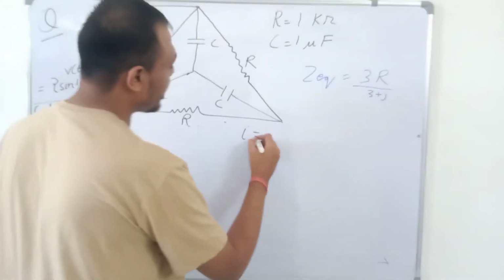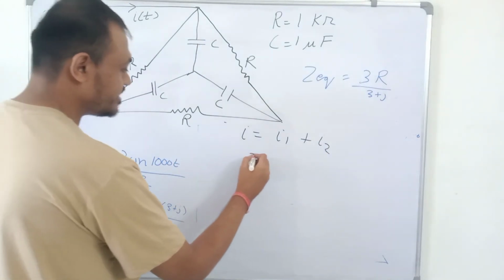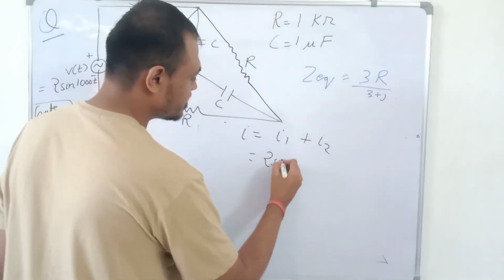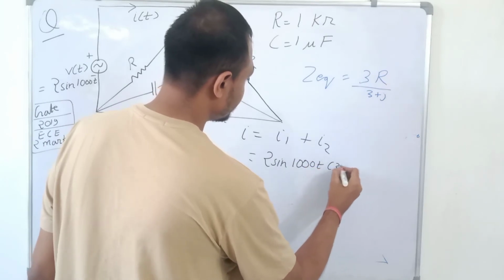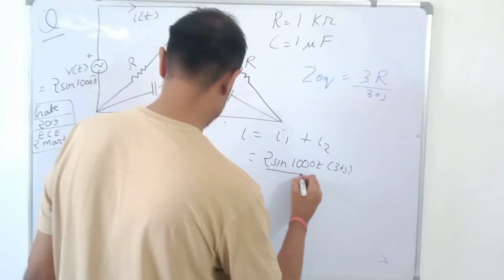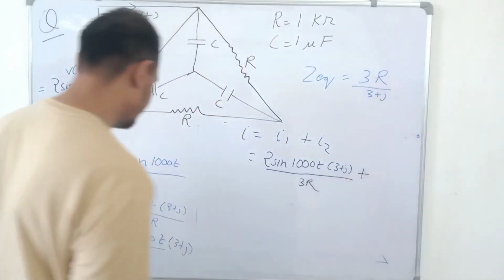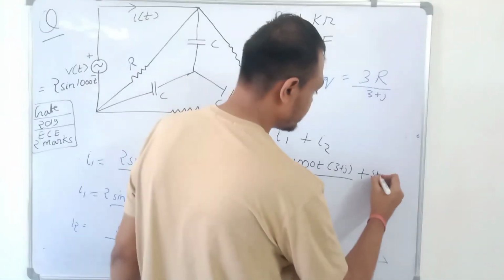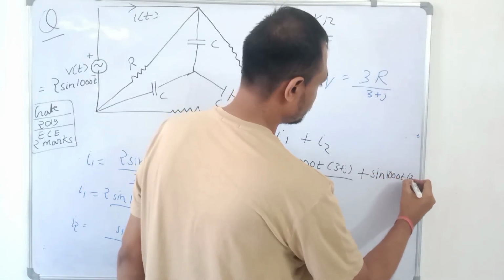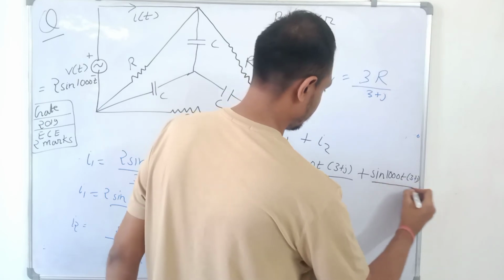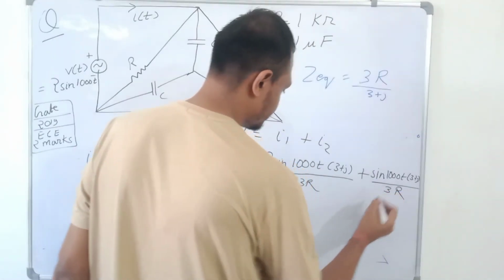The value of I1 is 2 sin 1000 t into 3 plus j upon 3R, and the value of I2 is sin 1000 t into 3 plus j upon 3R.